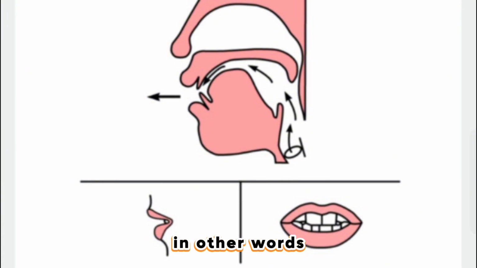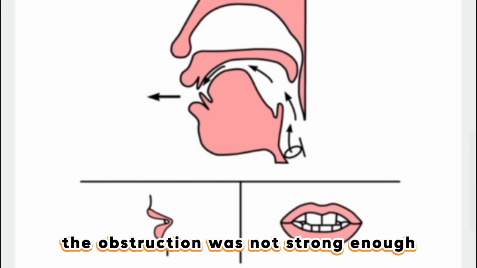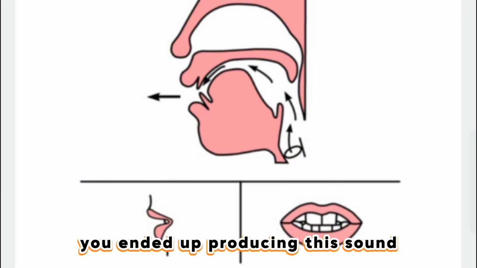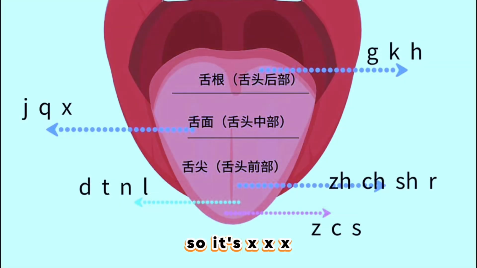In other words, what produces this sound is the fact that as your tongue tried to reach out, the obstruction was not strong enough to stop the air from escaping, and in return, you ended up producing this sound. So it's shi, shi, shi.